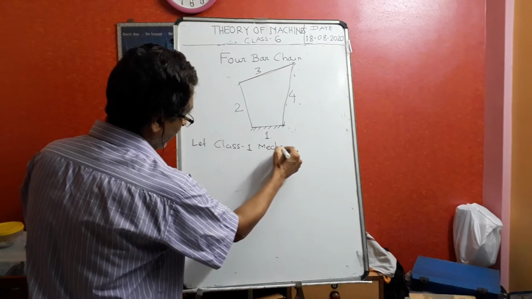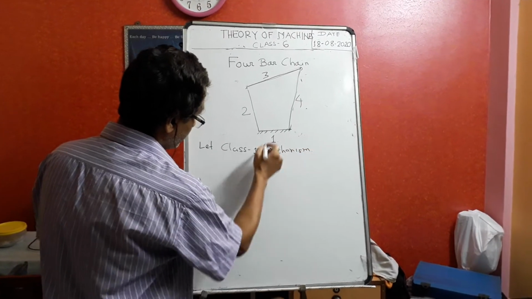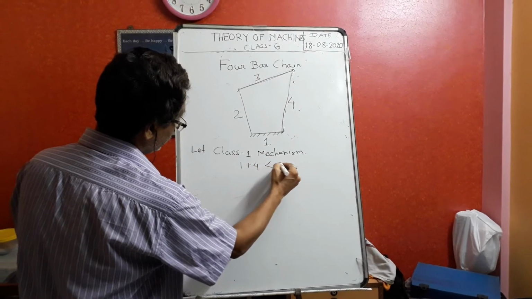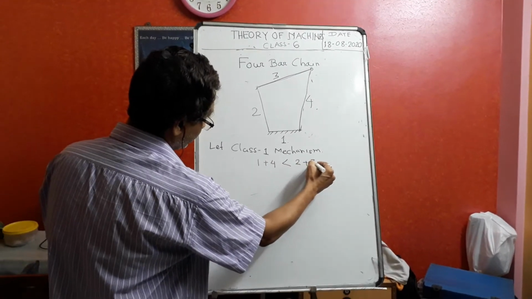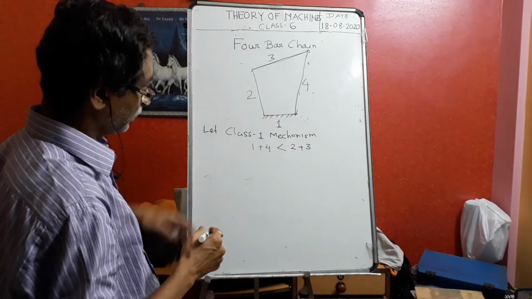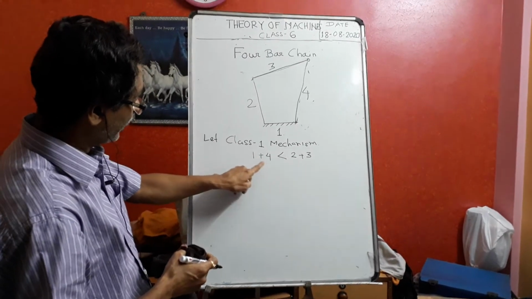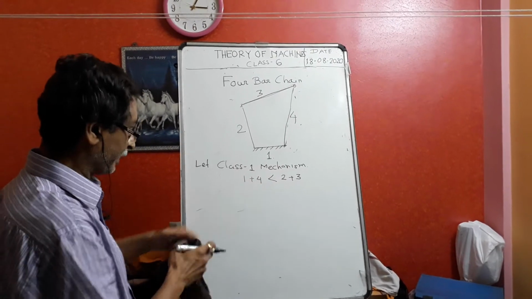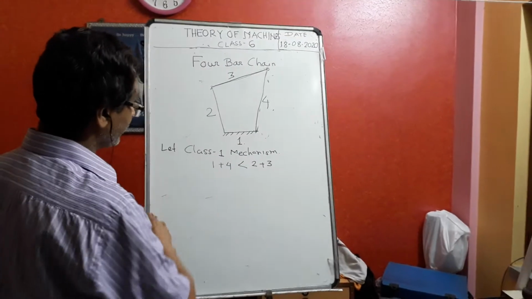How? I have found that the length of 1 and the length of 4 is less than the length of 2 and the length of 3. Length of 1 is the smallest, length of 4 is the largest, and together they are less than the other two links. Then this is a class 1 mechanism.